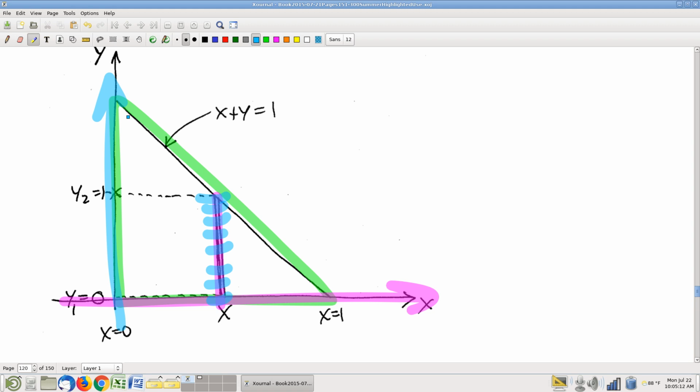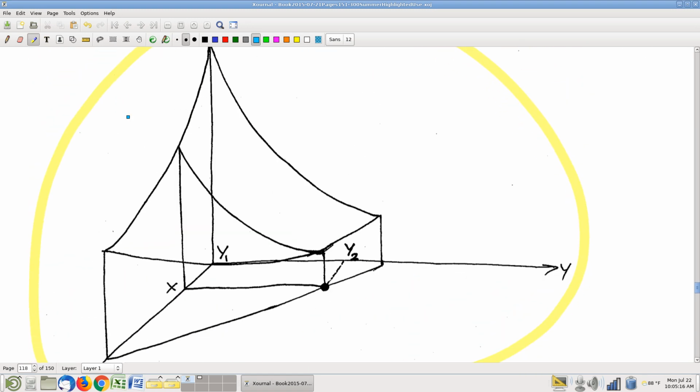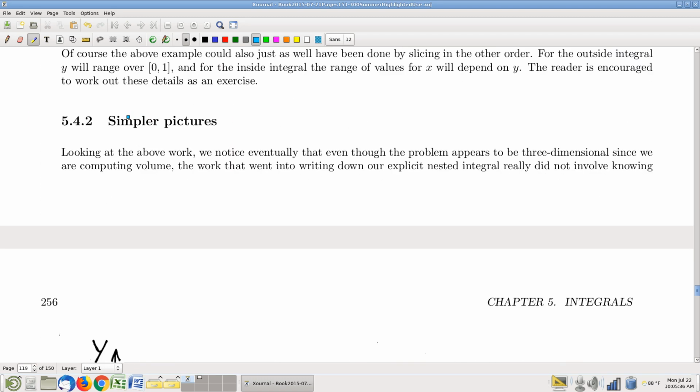The asterisk being that I can't draw this picture. I refer you to my earlier rant about how to think about triple integrals. I can't draw a graph picture to think about a triple integral because I don't have enough dimensions. So I can't make this geometric appeal to why it is okay to just slice up the domain.